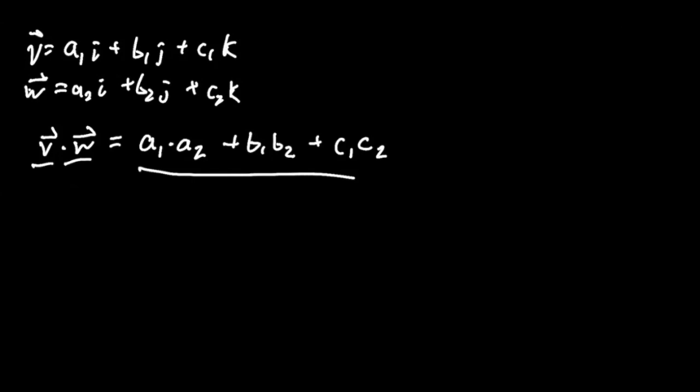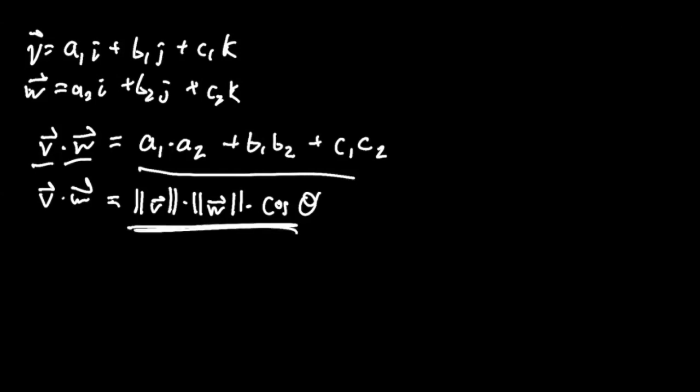The other definition for dot products also holds, where we have the dot product between v and w is equal to the magnitude of v times the magnitude of w times cosine of theta, the angle between those vectors. And again, we end up with a scalar on this side.